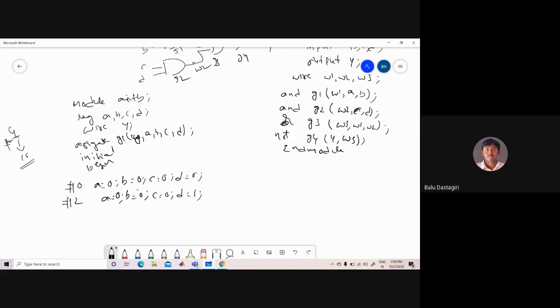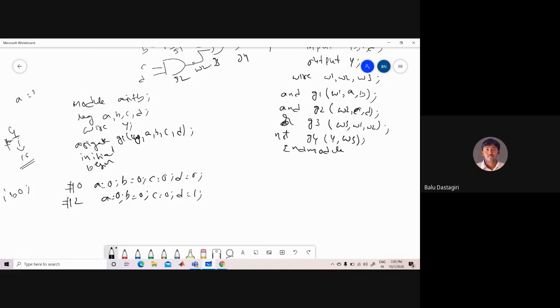You can give the value like this, or else you can give 1'b0 also. If you are giving A equal to 0 and D equal to 0 or 1, by default the compiler will take these as binary numbers. If you want to specify the inputs in hexadecimal numbers or anything, you can specify like this.